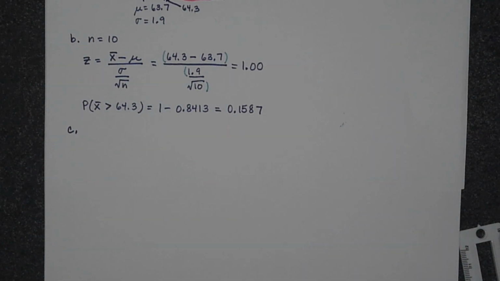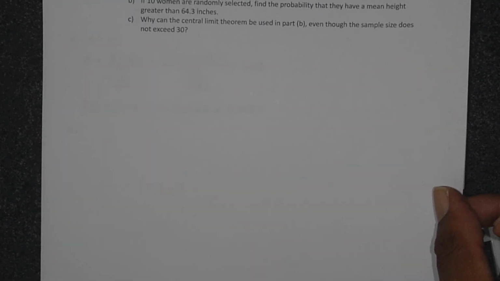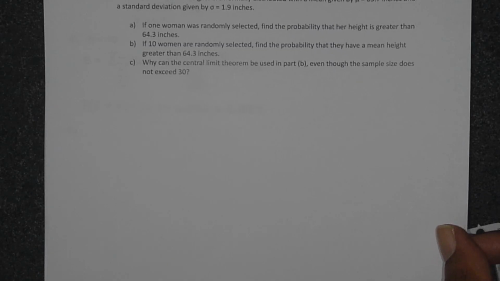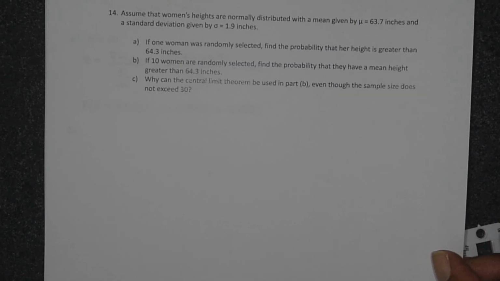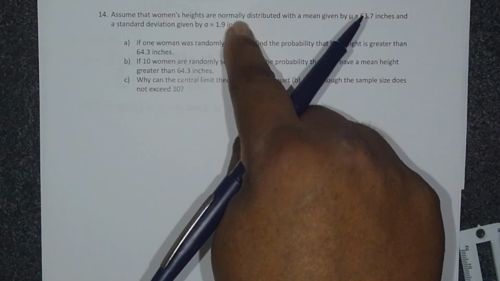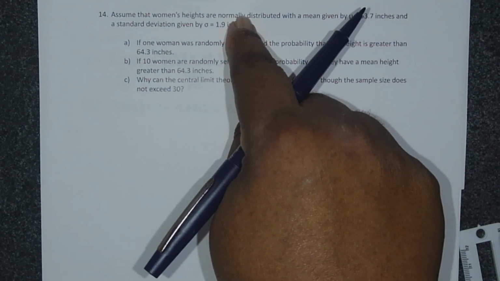All right, so now part C, they ask the question: why can the central limit theorem be used in part B even though the sample size does not exceed 30? Well, one of the requirements for using the central limit theorem is that your population has to be normally distributed.